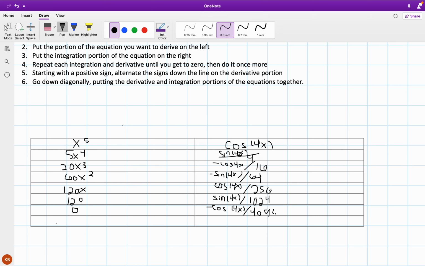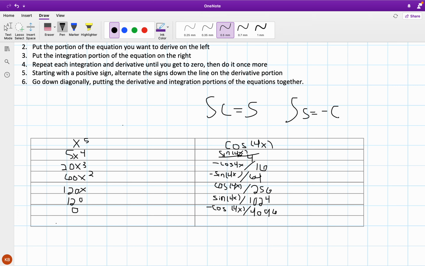At this point, it's usually a good idea to check the signs to make sure you did it right, because we know that the integration of cosine equals positive sine, but the integration of sine equals negative cosine. So we always want to double check our work.